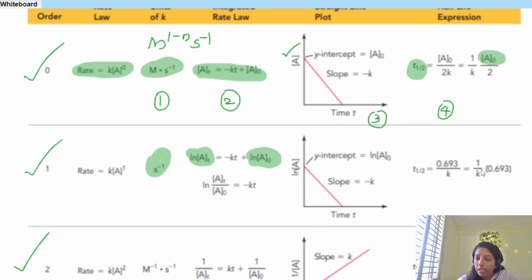And the main thing is this one. 99% of the questions of this kinetics chapter will be from first order. The question will be like, which is the order, and you have to find out the order of reaction.